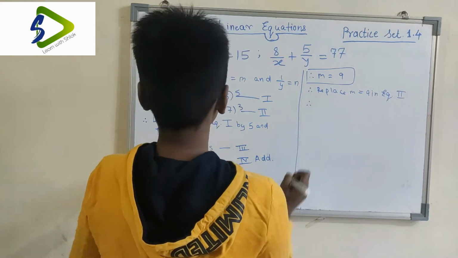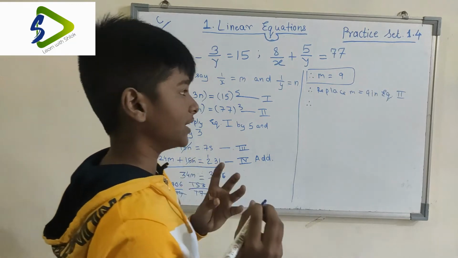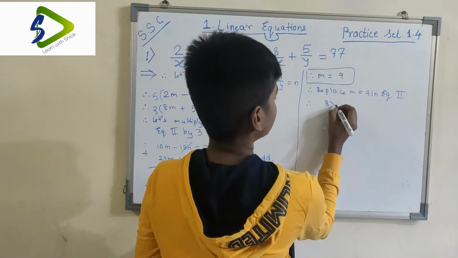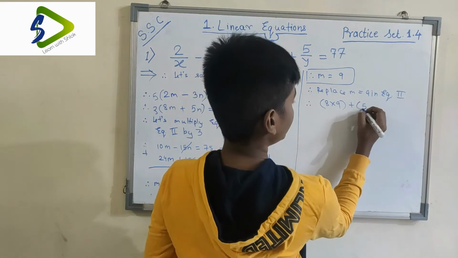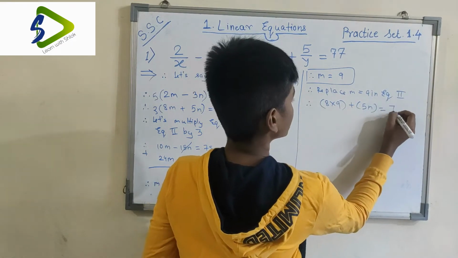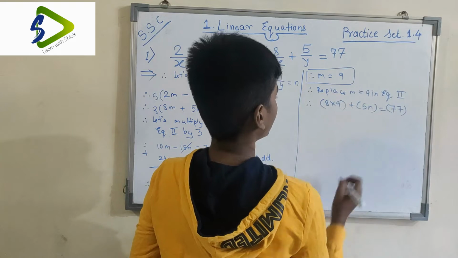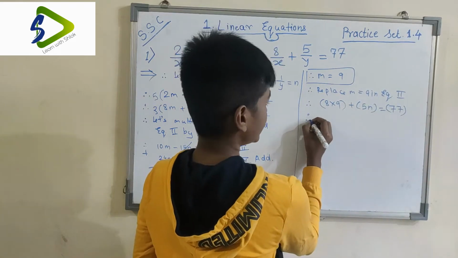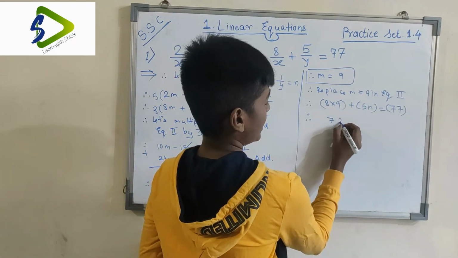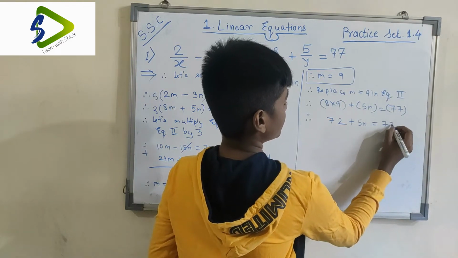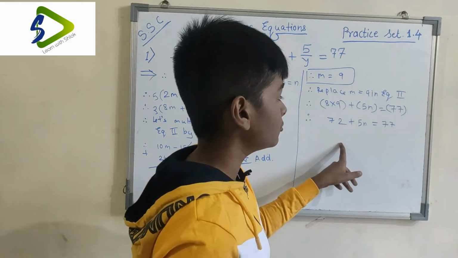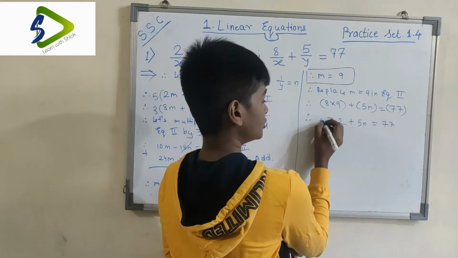The equation was 8m, but instead of writing 8m, we will write 8 times 9 plus 5n is equal to 77. So 8 nines are 72, and 72 plus 5n is equal to 77. Now let's take 72 to the other side. Here it was a positive 72.